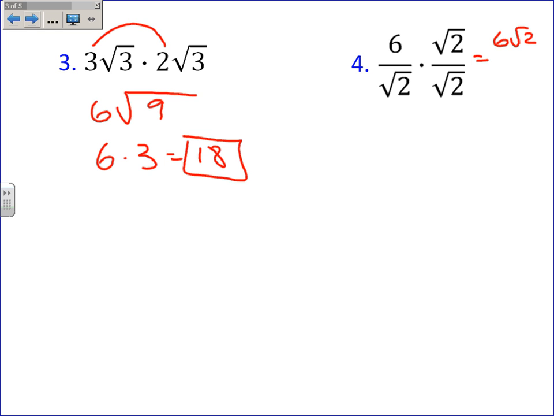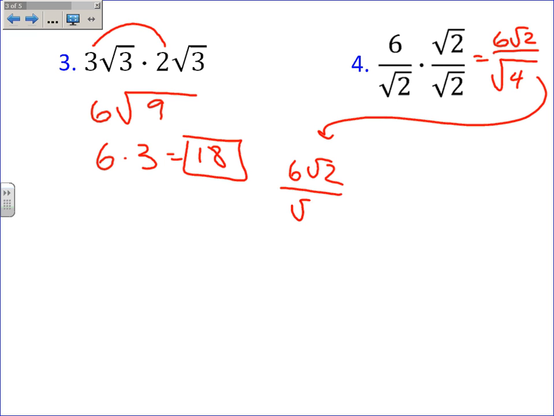And the square root of 2 times the square root of 2 is the square root of 4. Okay, I'll rewrite that down here. 6 root 2 over the square root of 4. Now, the square root of 4 is equal to 2. Now 6 over 2 simplifies to be 3 over 1, and I got 3 root 2, which is a simpler form.